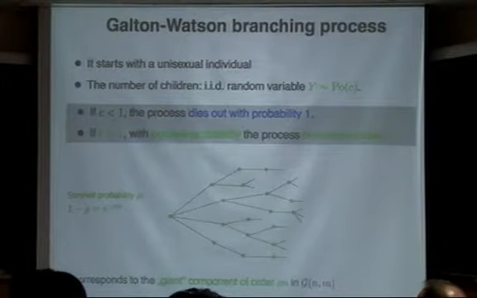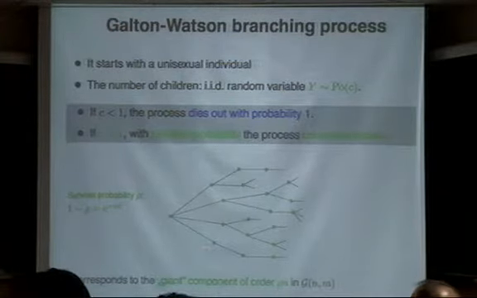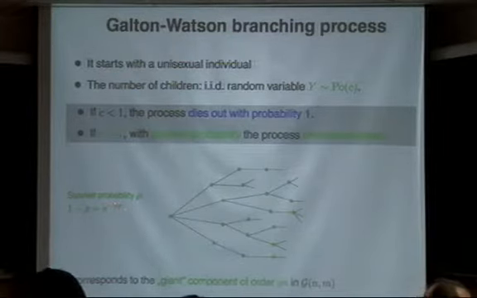However, in G(n,m), we have exactly n vertices. But with so-called sprinkling and so on, one can prove that indeed this corresponds to the giant component of linear order in G(n,m). In particular, the survival probability rho of the branching process is a solution of that transcendental equation, and this rho corresponds to the probability that a random vertex lies in the giant component.